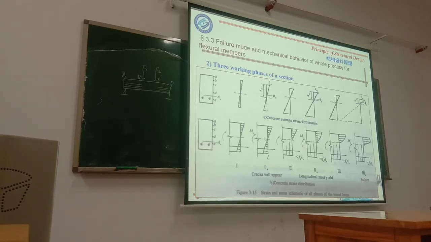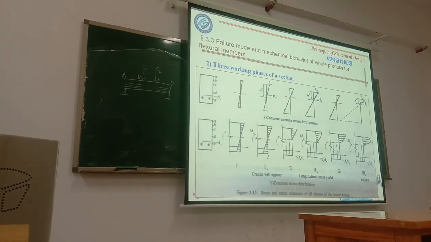And also you should see the neutral axis, compared to this, is going up a little bit. Yeah. But at this stage, the biggest change is the stress of the reinforcement increased greatly, with a little rise of the neutral axis.